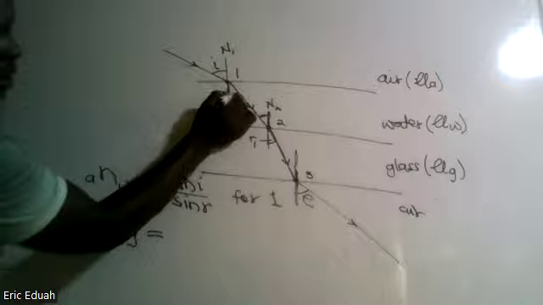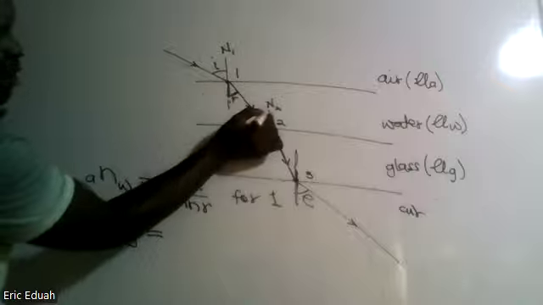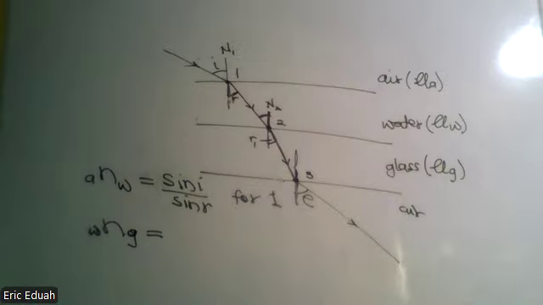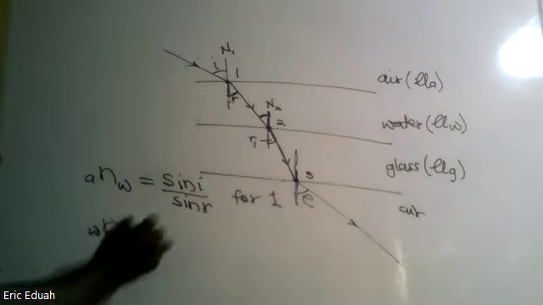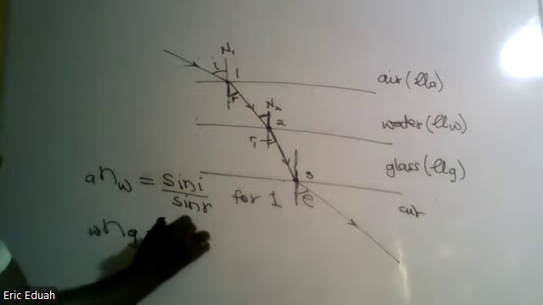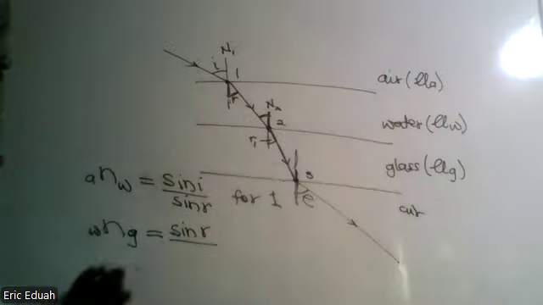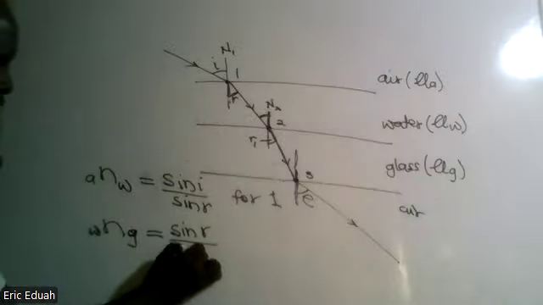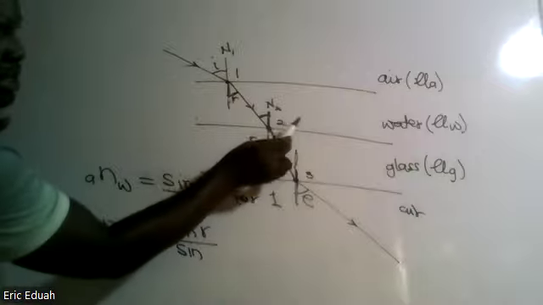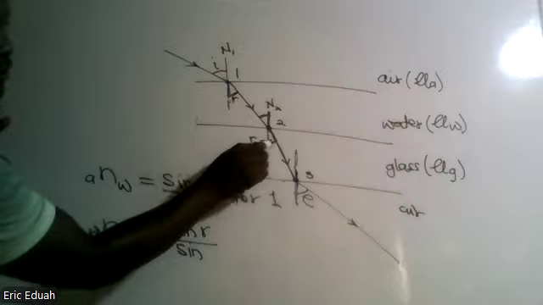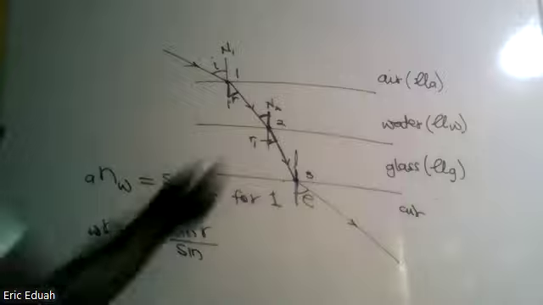So the angle of refraction here will be equal to the angle of incidence there. So sine R over sine of R1, because this is water to glass, the angle of refraction will change from this.